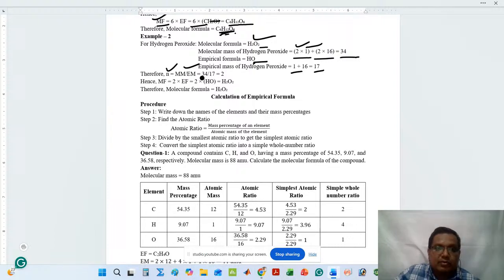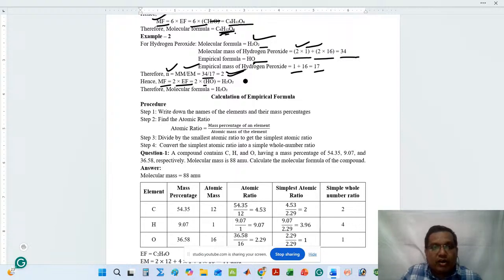Here I can write 34 divided by 17, which is equal to 2. We know that molecular formula equals n into empirical formula. Here the value of n is 2, so molecular formula equals 2 into empirical formula. That means 2 into HO gives H2O2. So the molecular formula is justified.